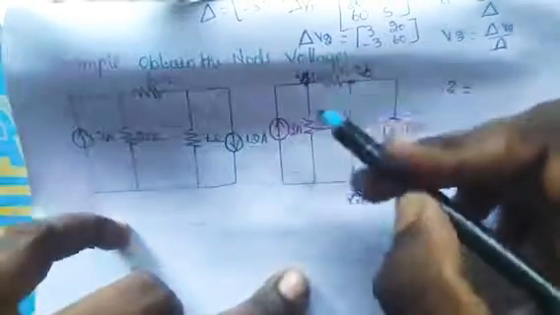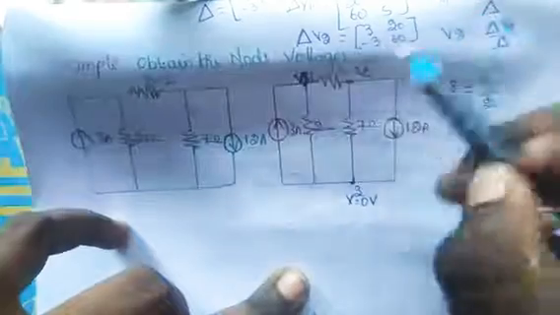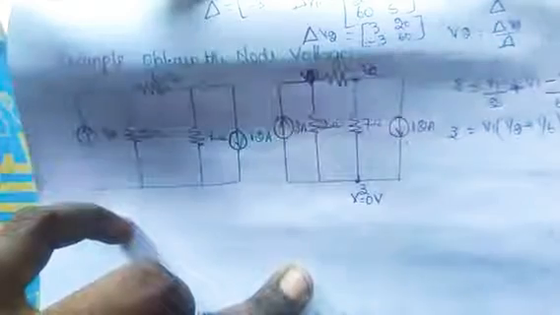So 3 is equal to the current through this resistor, (V1 minus 0) divided by 2. Similarly, current through this resistor will be equal to (V1 minus V2) divided by 6. When I am rearranging this equation, V1 into (1 by 2 plus 1 by 6) plus V2 into minus 1 by 6 is equal to 3.